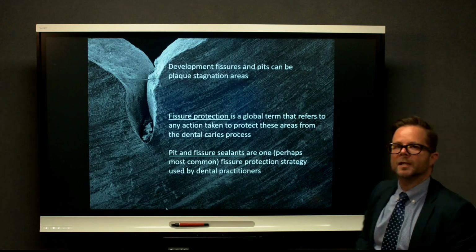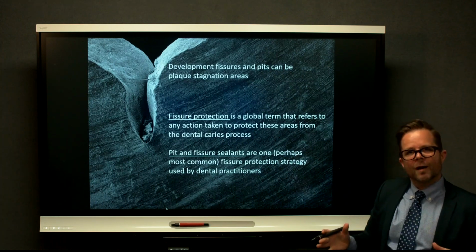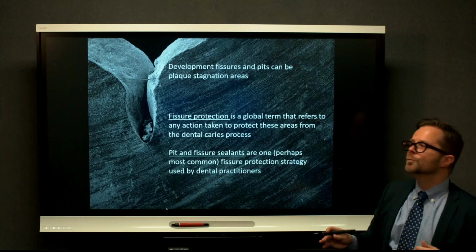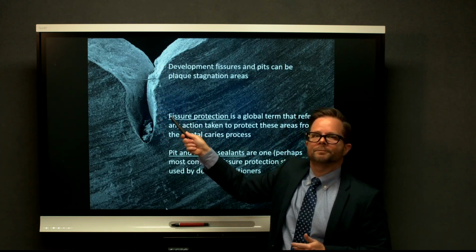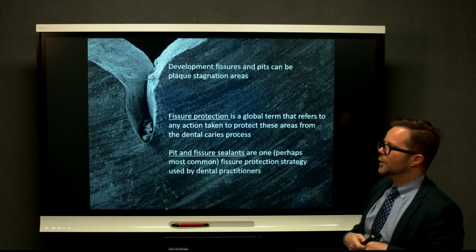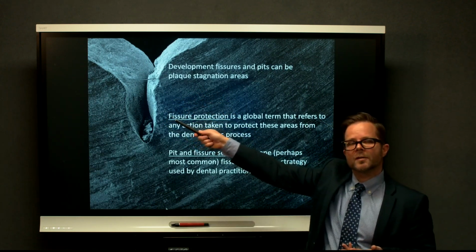And fissure protection is a global term that really is an umbrella for anything that we might do to protect this part of the tooth from decay. Okay, so it could be that we apply a chemical to this part of the tooth that strengthens the tooth.